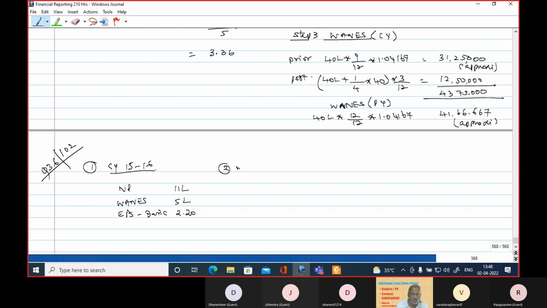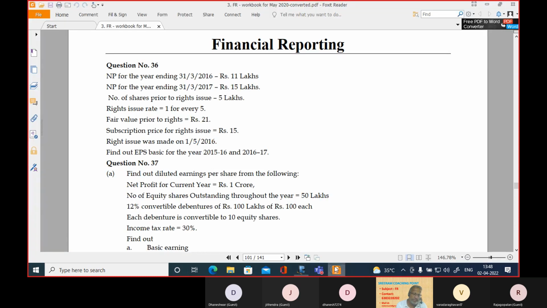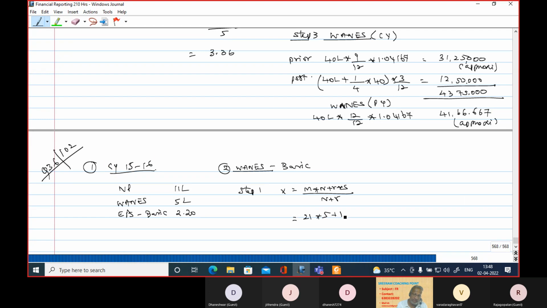Step number 2, weighted average number of equity shares basic. For that, step number 1: x equals m into n plus r into s divided by n plus r. 21 into 5 plus 1 into 15.